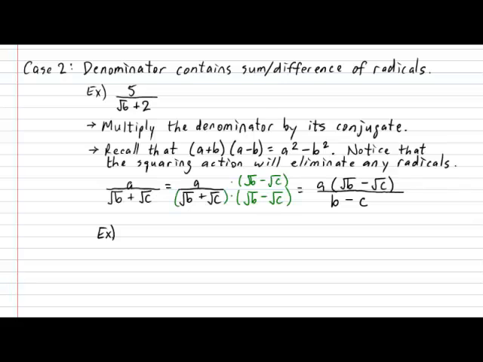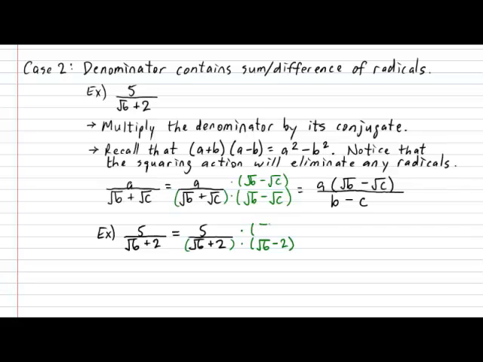Let's take a look at a more concrete example. Suppose I asked you to rationalize the denominator in the following fraction: 5 over root 6 plus 2. Well, let's multiply the entire fraction by the conjugate of the denominator. So that'll be 5 over root 6 plus 2. I'm going to do it in green. I suggest you do the same thing in an important color, please. So, multiplied the bottom by root 6 minus 2. Don't forget the numerator.